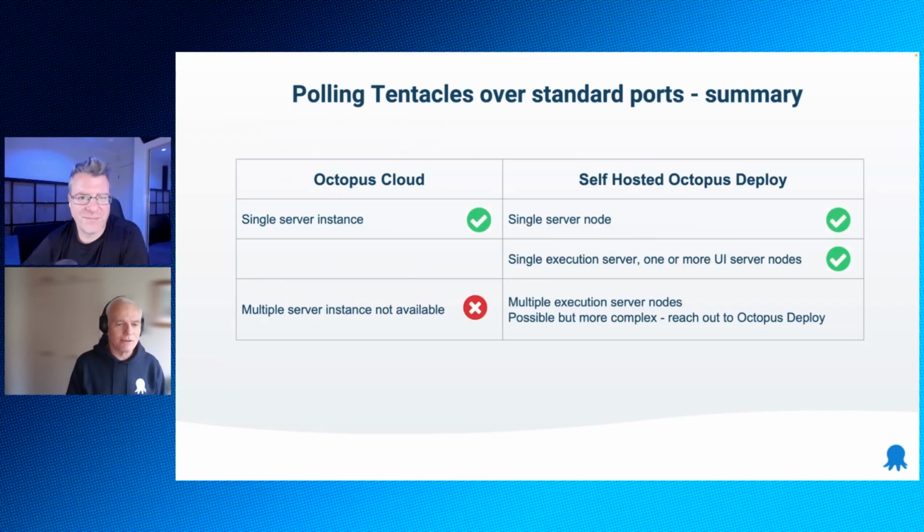Now, we have been talking about Octopus Cloud, and that's what this video is really focused on. But it does start begging the question, what about self-hosted? Can I use this? And the answer is that you can for single execution node instances. The one proviso is that the customer will have to implement that reverse proxy.